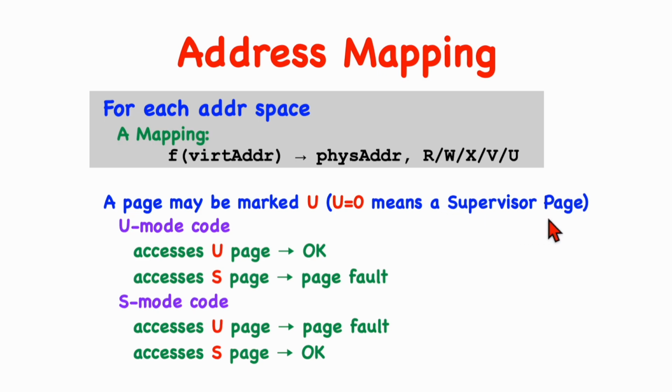Recall that with RISC-V, user programs are run in user mode, and the kernel runs in supervisor mode. Some pages belong to the kernel, and these would be marked as not user pages. User code, that is, code running in user mode, can access pages that are marked U, but any attempt to access a kernel page by a user mode program would result in a page fault.